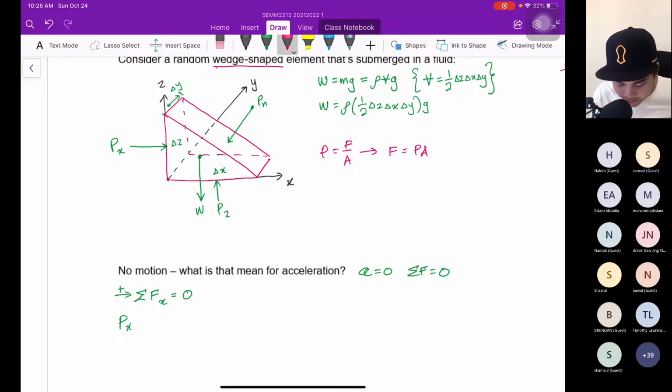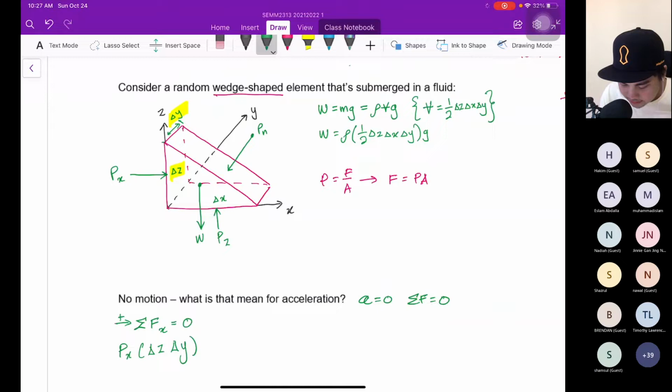So definitely the area is delta y multiplied with delta z. This is positive.